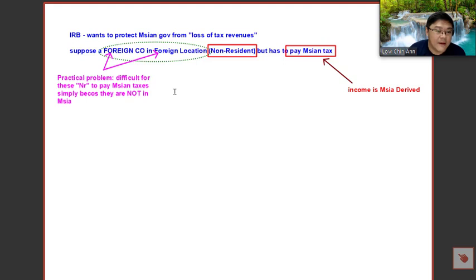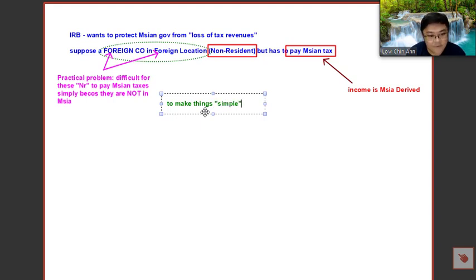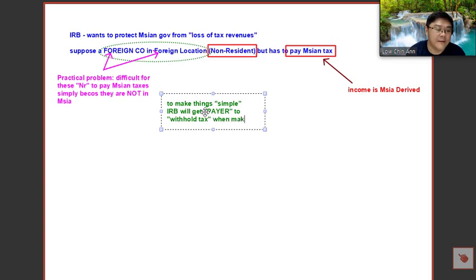That solves the problem. Now that gives rise to withholding tax. It's as simple as that. Okay? So think about this. To make things simple, the Inland Revenue Board will get the payer to withhold the tax when making payment to the non-resident.